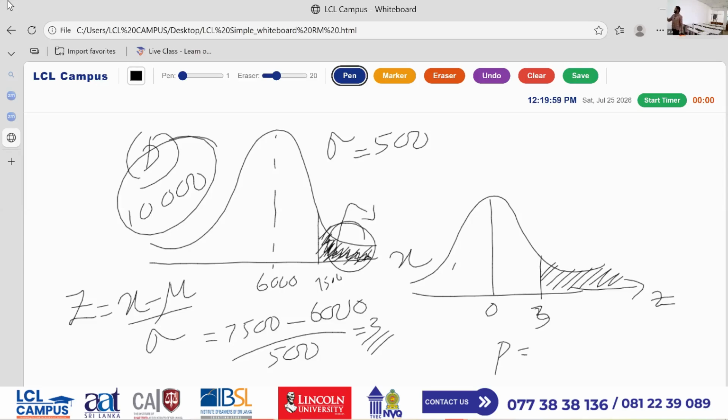Then we want to minus the part from 0 to 3, using the table. 0.5 minus the area under the standard normal curve for Z equal to 3.0. What is the value?